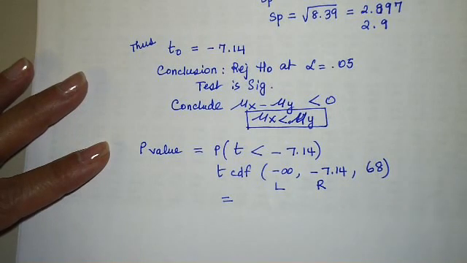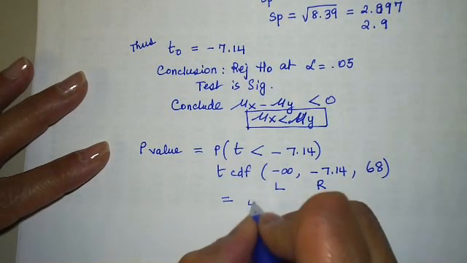So I could just go to TCDF, left endpoint minus infinity, right endpoint minus 7.14, degrees of freedom 68. Can you get me that number, please?